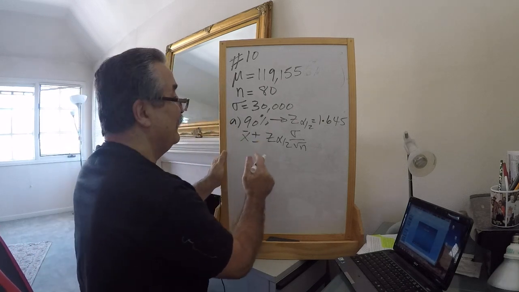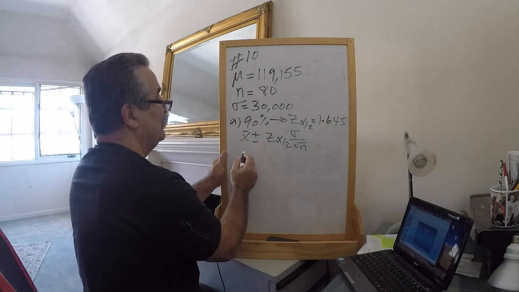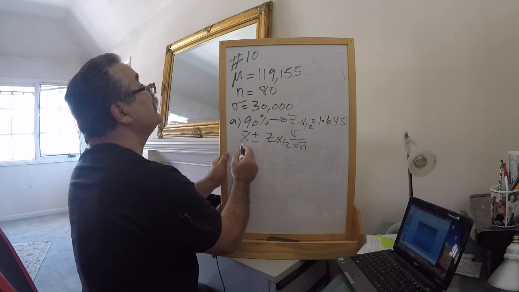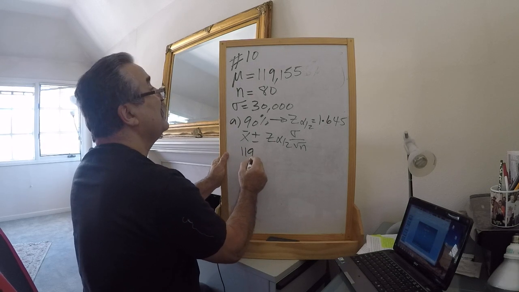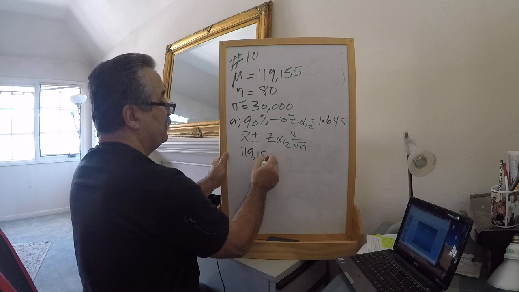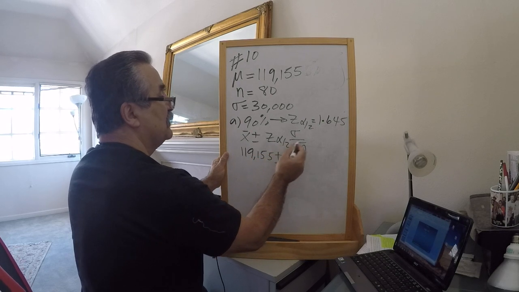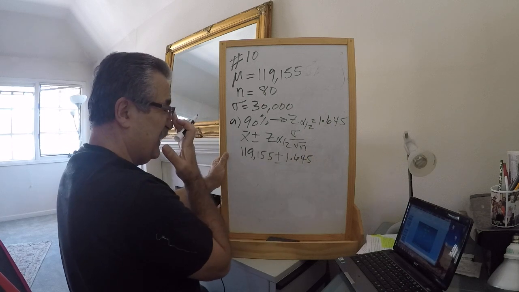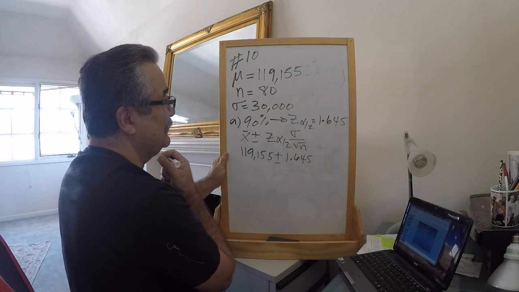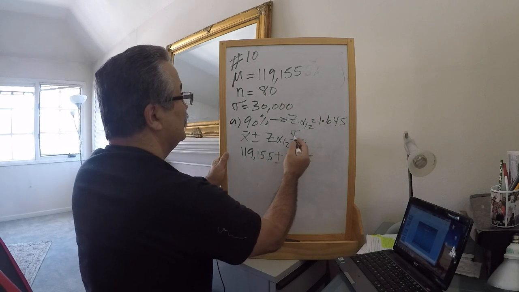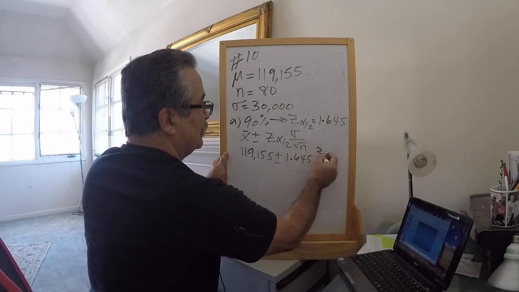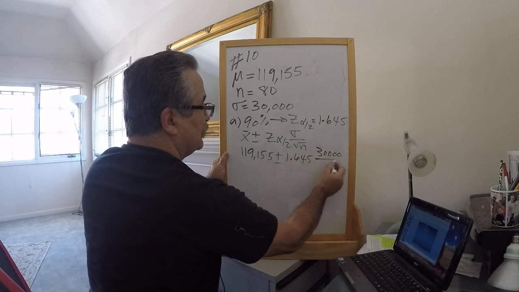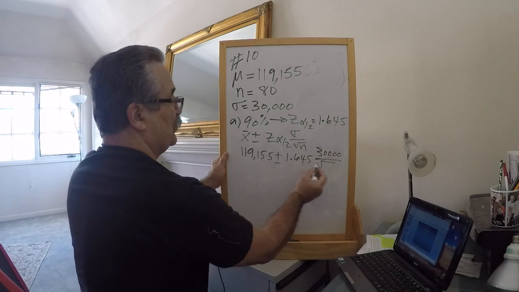And x bar is 119,155 plus or minus 1.645 times sigma, which is 30,000, divided by square root of n, which is 80.